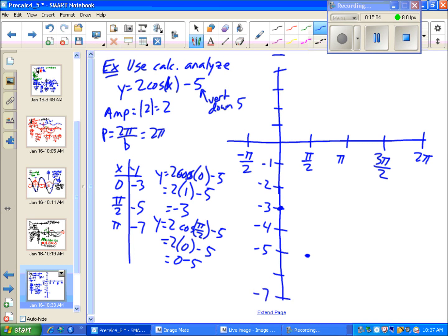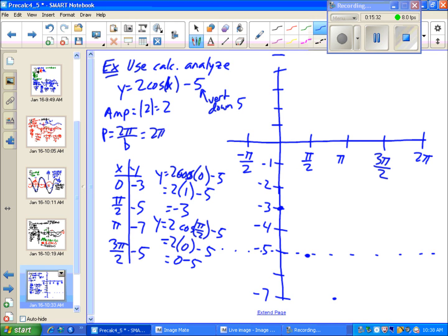So pi, negative 7. And remember, we've taken this cosine function, which was revolving around the x-axis, and we moved it down 5. Now we're plugging in 3 pi halves. The cosine of 3 pi halves is 0. 0 times the 2 in front, 0. 0 minus 5, negative 5.